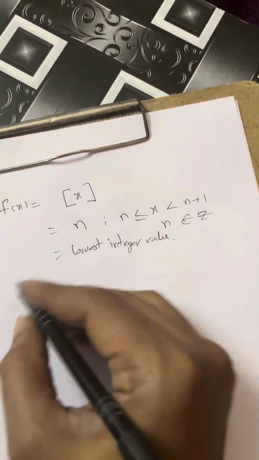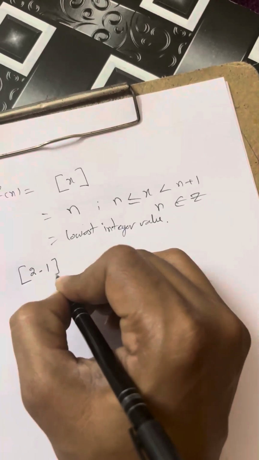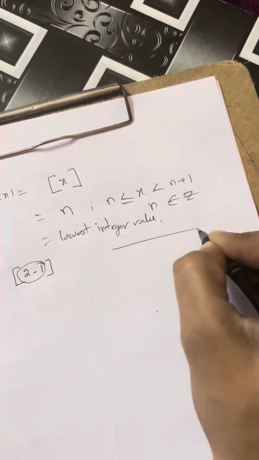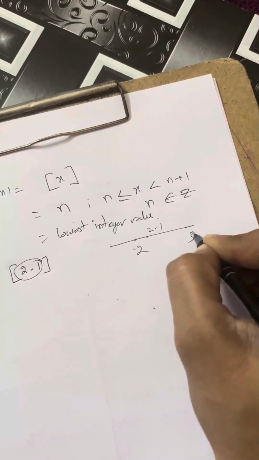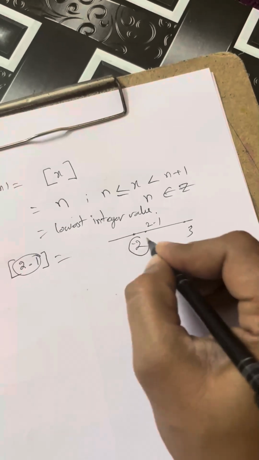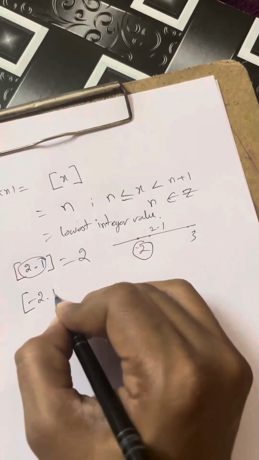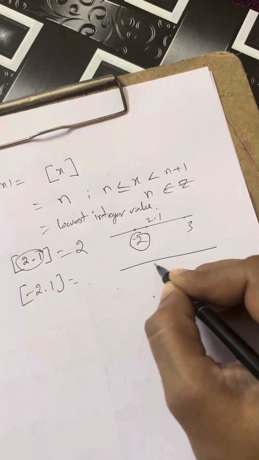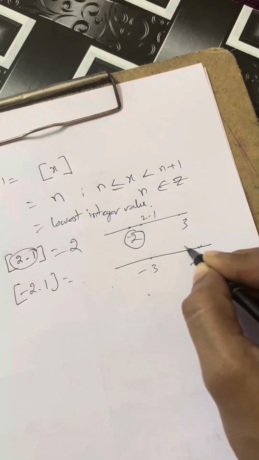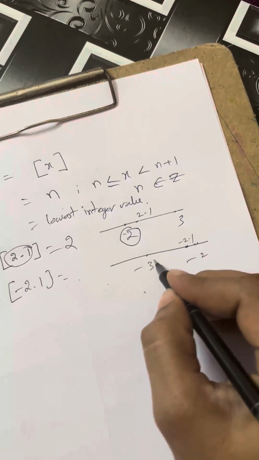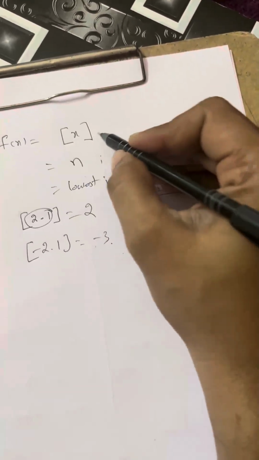For example, if you have 2.1, it lies between 2 and 3, so take the lowest integer, which is 2. If it is minus 2.1, it lies between minus 3 and minus 2, so the lowest integer is minus 3. This is how the function behaves.